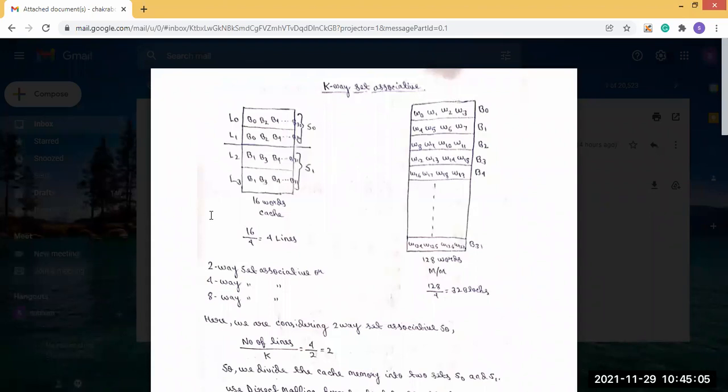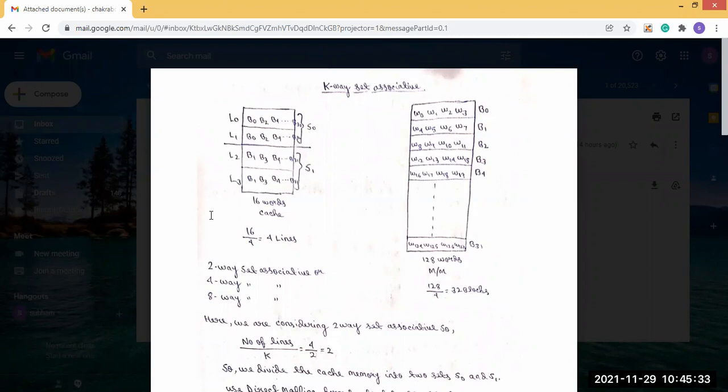The k-way set associative mapping is the combination of direct mapping and fully associative mapping. The combination of these two, we name it the k-way set associative.